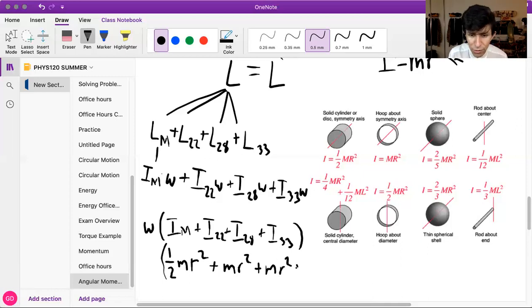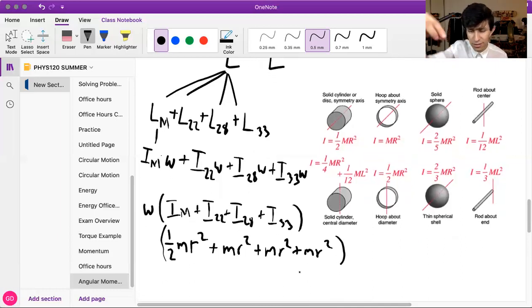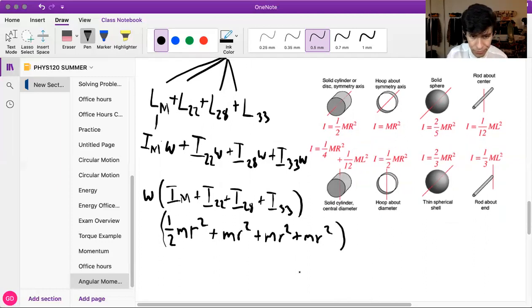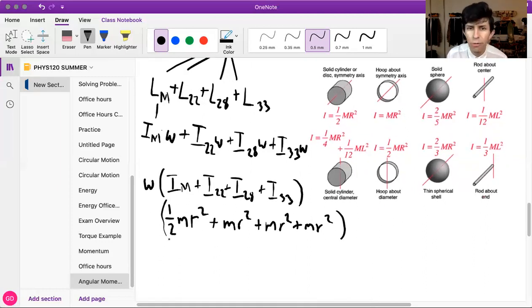I'm not writing all the notation, but I'll keep track of which one's where. The rest have point masses because all their masses are concentrated at a certain radius from the center of the merry-go-round. You can always treat people on an object like that as point masses. That's the rule of thumb.